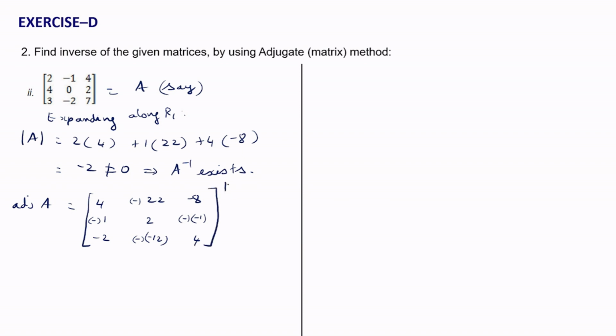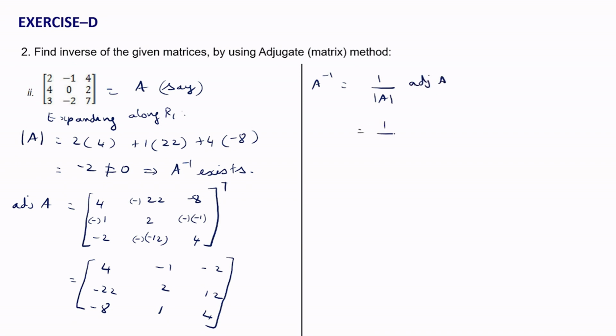Take the transpose. So here the first row becomes the first column, so it is 4, minus 22, minus 8. Then the second row becomes the second column, and the third row becomes the third column. This is adjoint of A. So A inverse is 1 by determinant of A into adjoint of A. It is 1 by minus 2 into adjoint of A, which is 4, minus 1, minus 2, minus 22, 2, 12, minus 8, 1, 4.